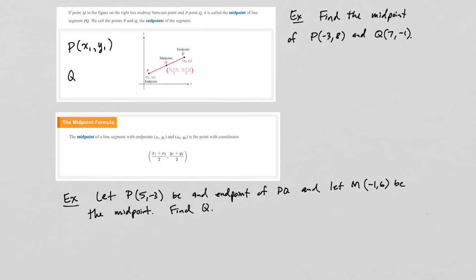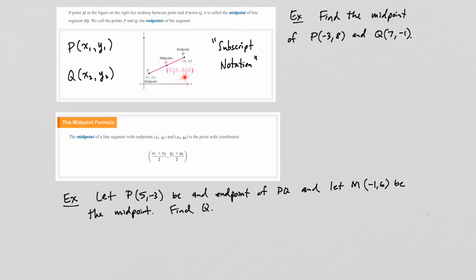Point Q has an x coordinate of x2 and a y coordinate of y2. And this is called subscript notation. And we use it frequently to represent points where we don't actually know the coordinates. So the midpoint of this line segment is the point on the line segment that is exactly in the middle of point P and point Q.